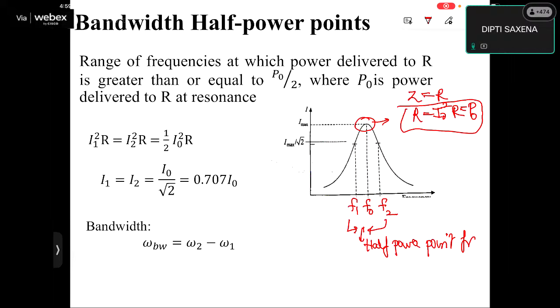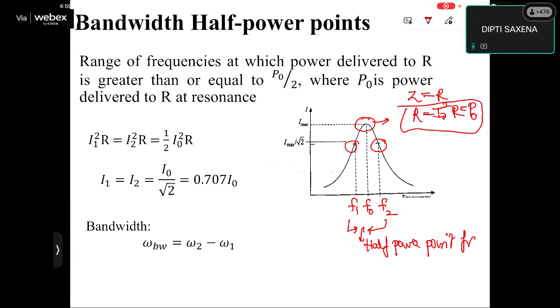Now, the half power point. At half power point, we define the frequencies as those frequencies where the power delivered to R will be half of the power that is delivered to R at resonance.